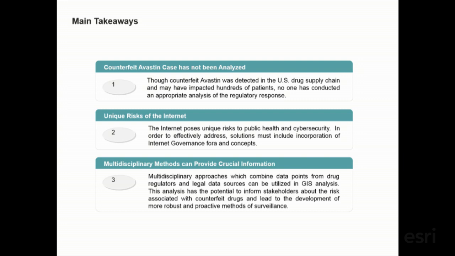And the Department of Justice has actually prosecuted only 17 individuals, and most of them were distributors and not physicians. And interestingly, no patient has ever come forward and sued anyone for this issue, even though they're the most impacted. So what we hope to do is to develop, through this kind of case study, a model for how you could do better drug surveillance.